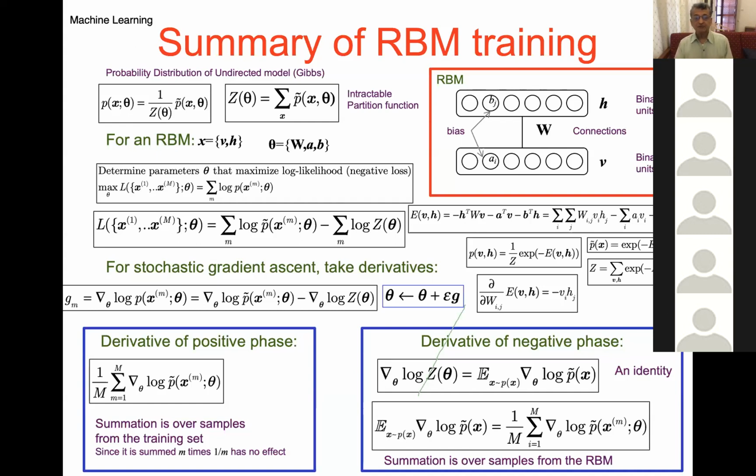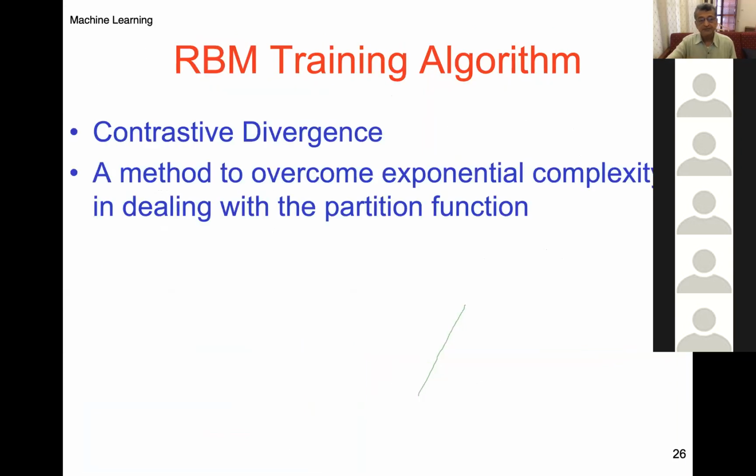It comes from the Gibbs formulation, it comes from the energy formulation, it comes from the nature of the derivatives. So this is an absolutely beautiful topic to explain, all right? And this is all stated by Geoffrey Hinton in his famous algorithm called contrastive divergence, a method to overcome exponential complexity in dealing with the partition function. It is defined for an RBM only.